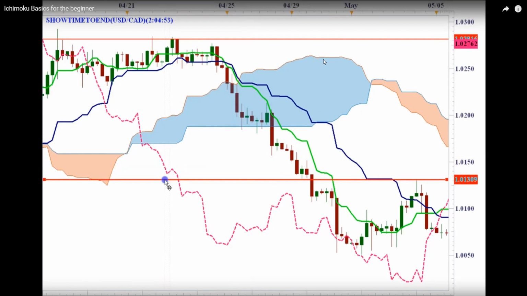Well, looking at the Senkou span A and B, one is for 26 periods in the future and another one is 52 periods in the future. What makes the cloud so effective, guys, is that you now have a broad look at indicators that give you the past, the present, and the future.